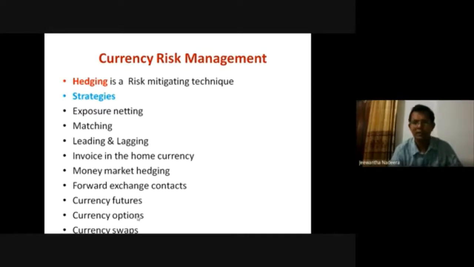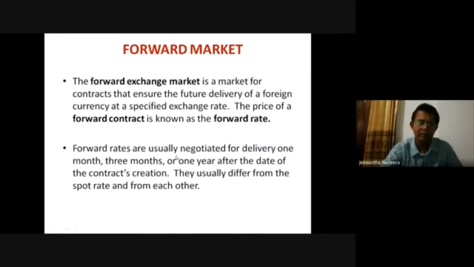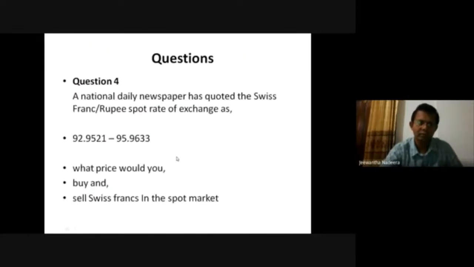So then basically we can finish everything off next week. Any question you have? I'll be taking some questions on this cross-currency transaction with you also, right? The examination question and the one or two questions I have given to you.